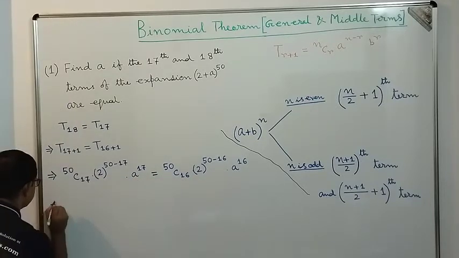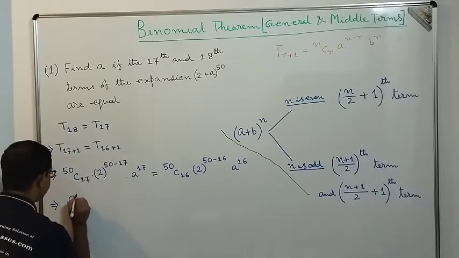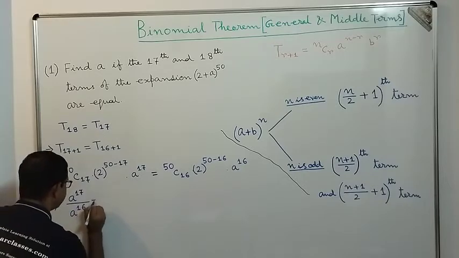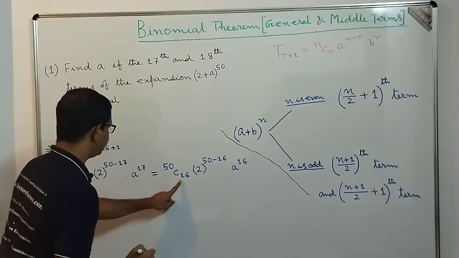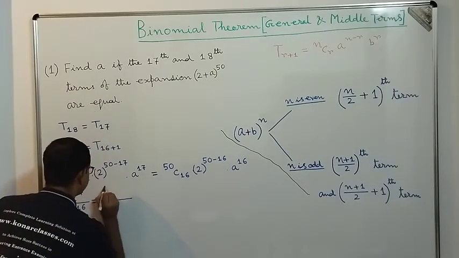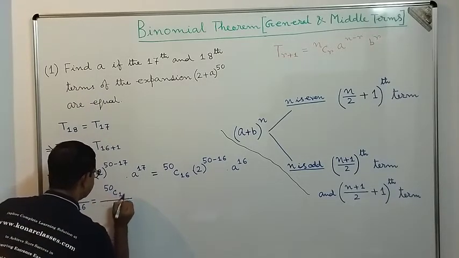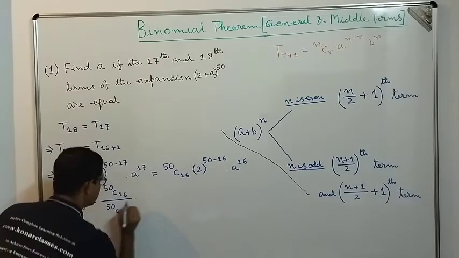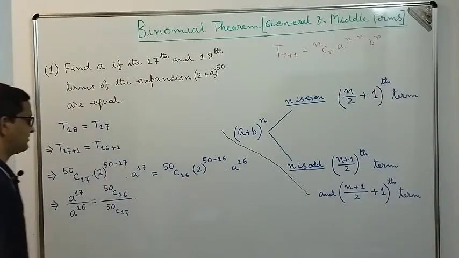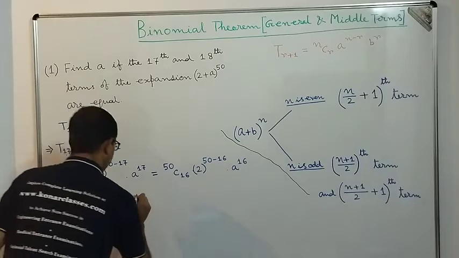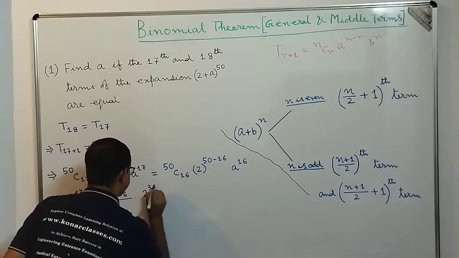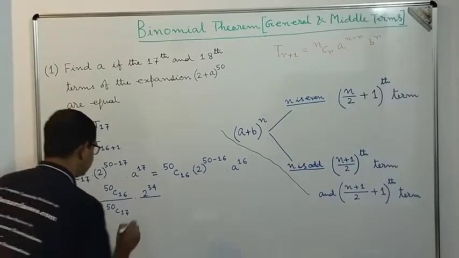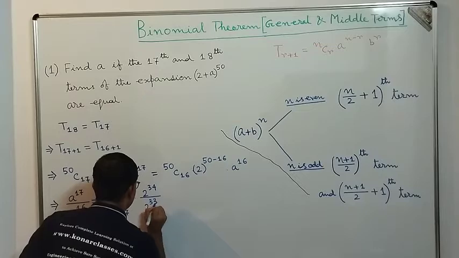So, from here what we get? a^17 divided by a^16 is equal to 50C16 in the numerator, and in the denominator it is 50C17 into 2^(50-16), that is 2^34, divided by 2^(50-17), that is 2^33.